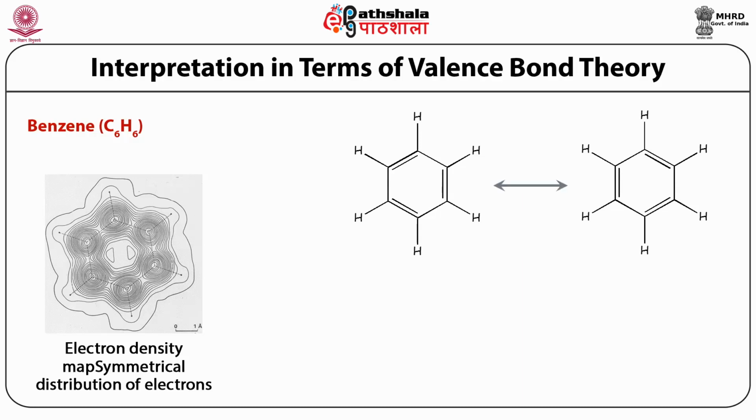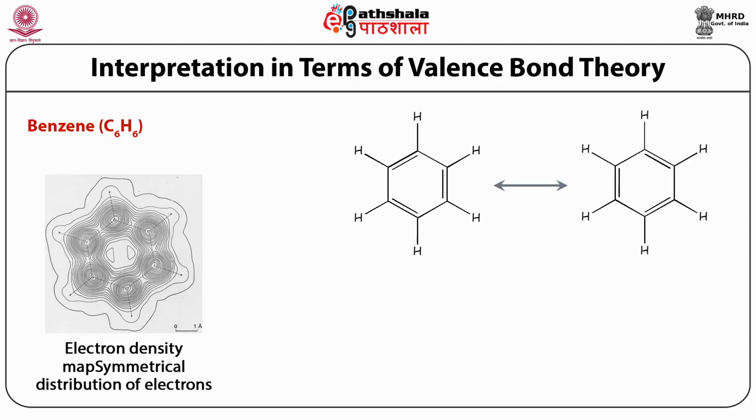To achieve this, each carbon atom has to promote one of the 2s2 pair into the empty 2pz orbital. Experimentally, it has been found from XRD that all the 6 carbon-carbon bonds in benzene are of the same length, which is greater than a double bond, 0.135 nanometer, but shorter than a single bond, 0.147 nanometer.